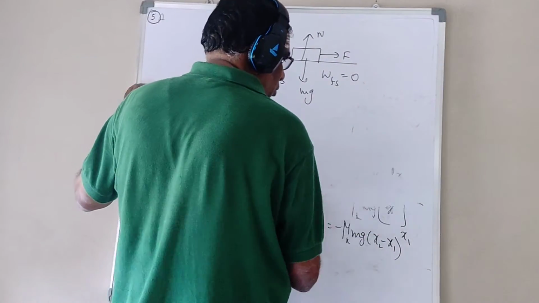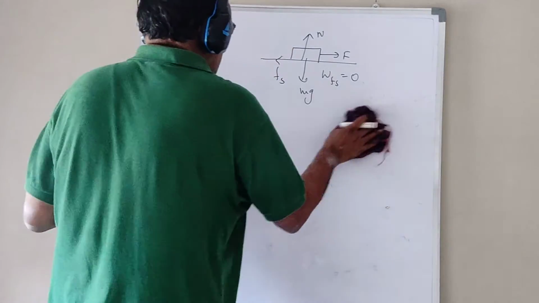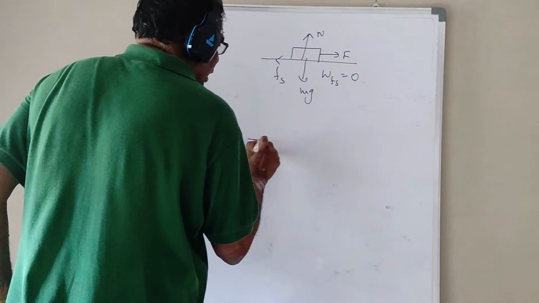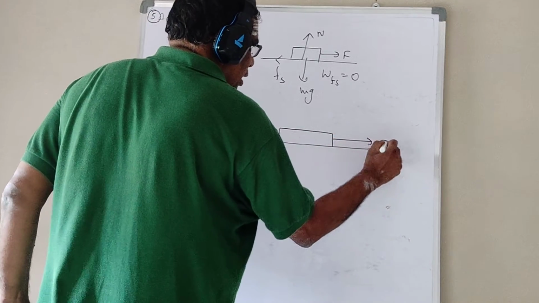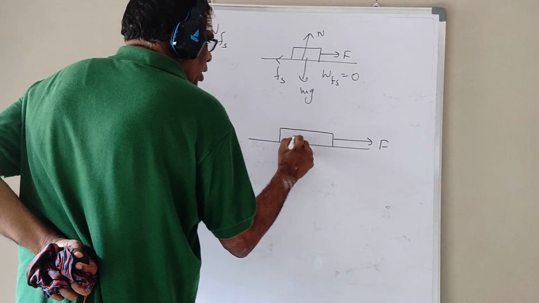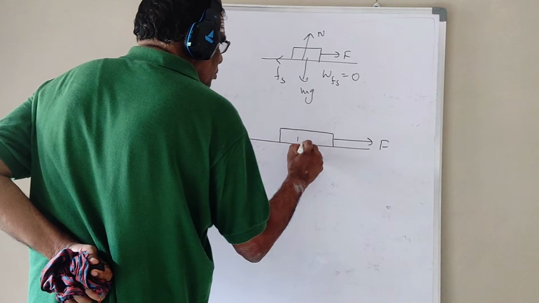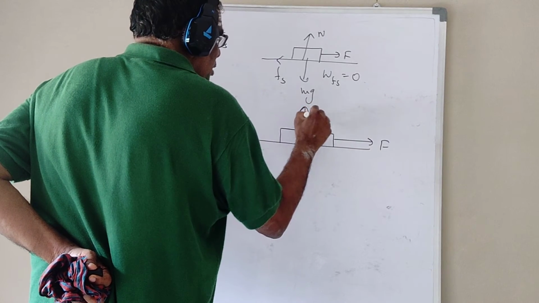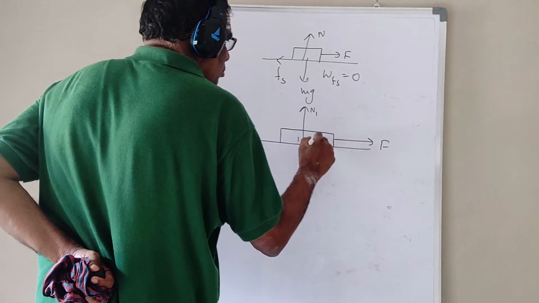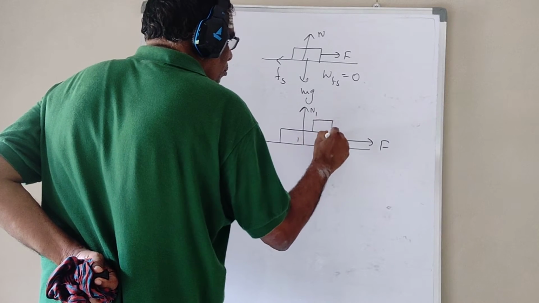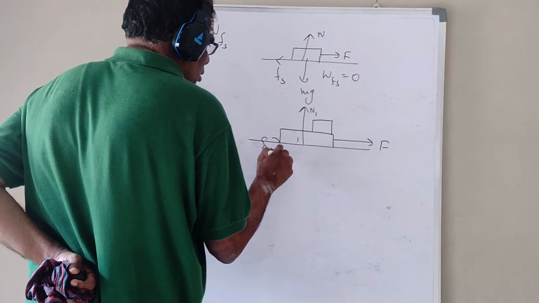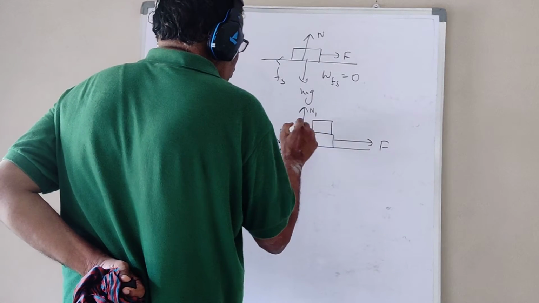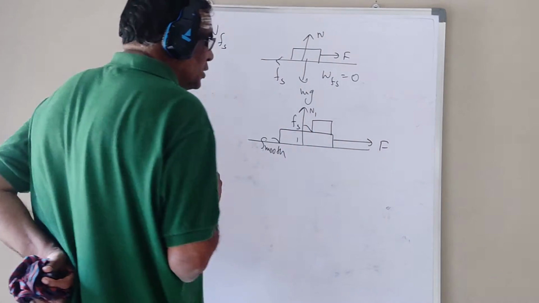Fine. Now, if I take a body, applying a force F, this is body number 1, this is N1, this is moving, there is friction there, it is Fs.